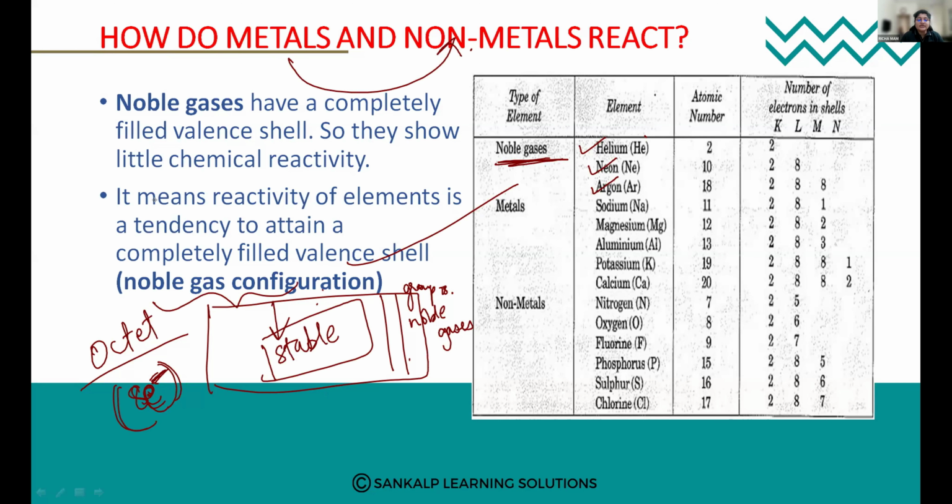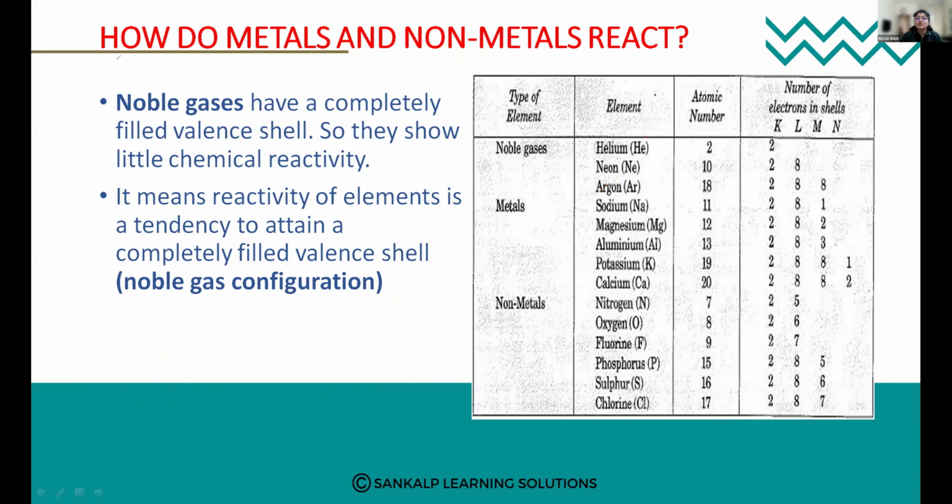Noble gas configuration means the tendency of an element to attain a completely filled outermost shell of 8 electrons.